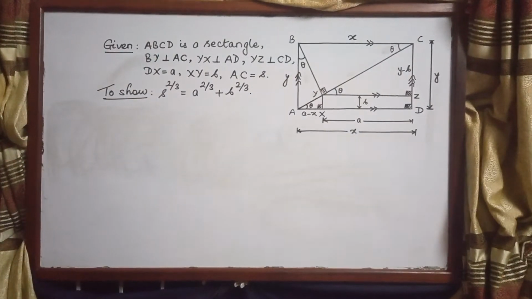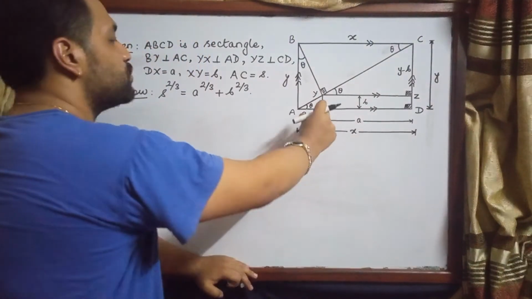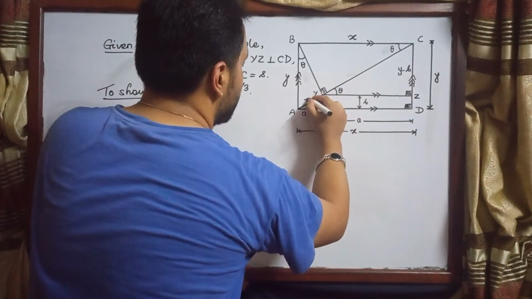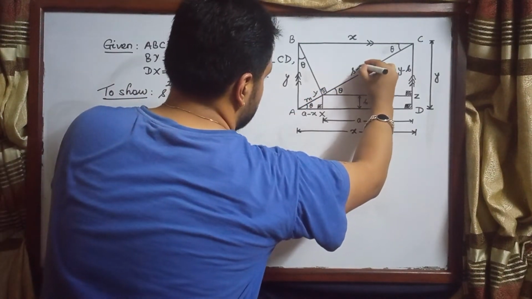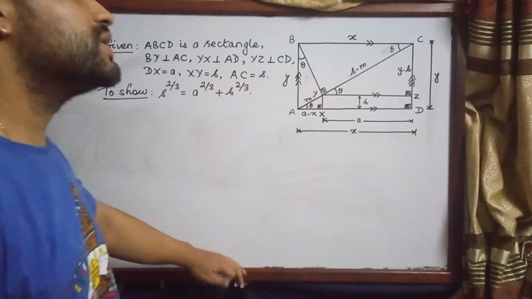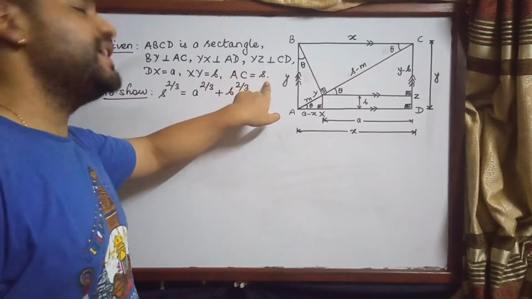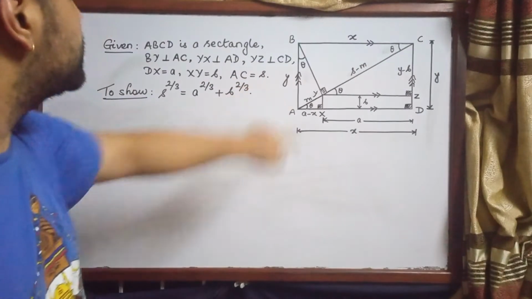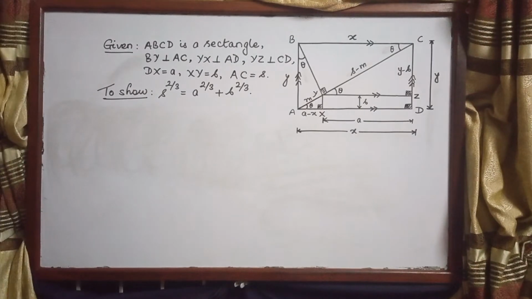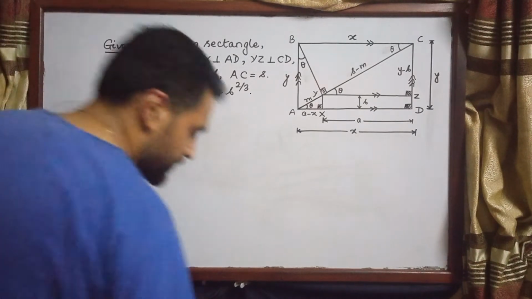Now we also assume that this length is M and this length is therefore S minus M, because AC is given to be S.